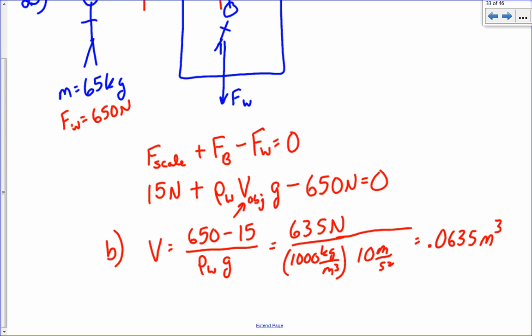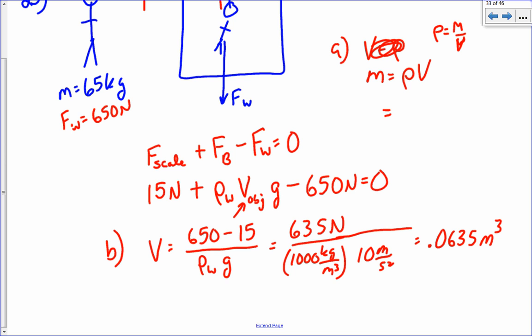I also want to know what mass of water does he displace. The mass of water that he displaces is fairly simple. You could find it, actually now that we know the volume, the mass is just equal to the density times the volume. This is based on our definition of density, by the way.